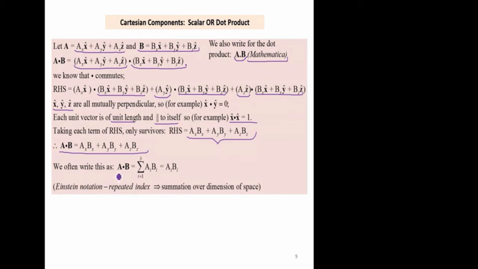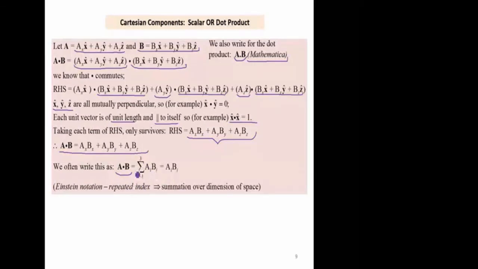We often use a notation called Einstein notation. If you represent the x, y, z as 1, 2, 3, then you can write this expression as a sum over i. So you'd have a1 b1 plus a2 b2 plus a3 b3. And that's what it means to change the index here.